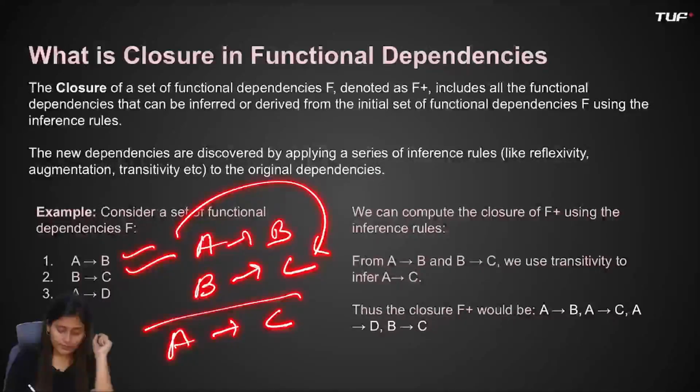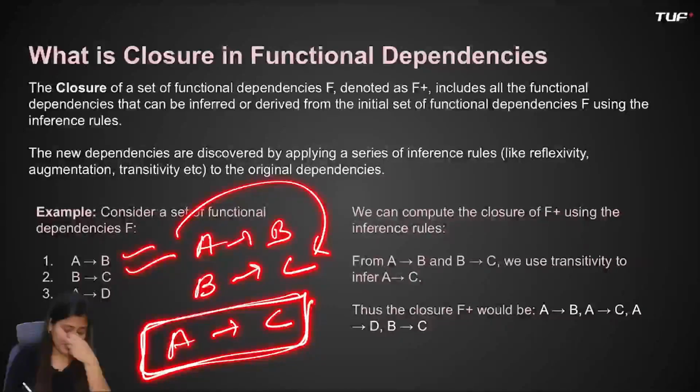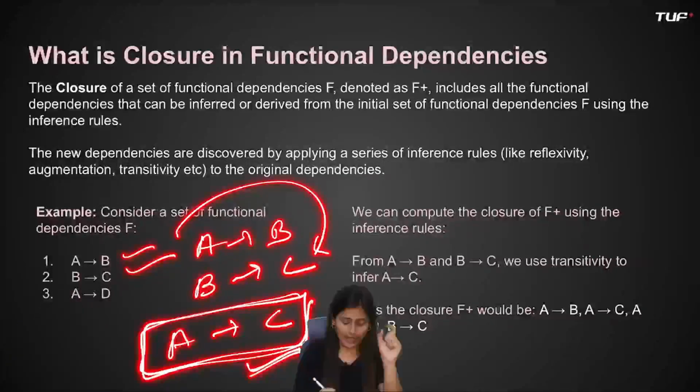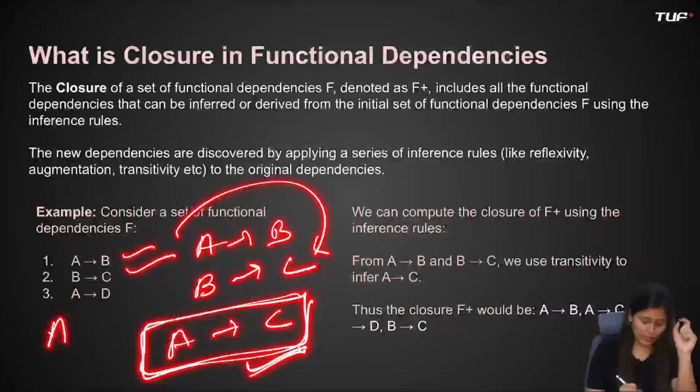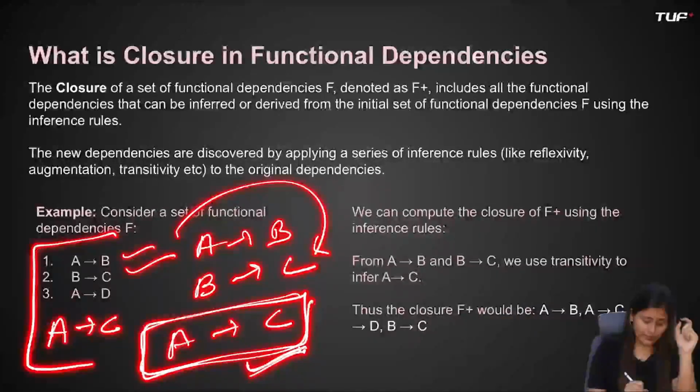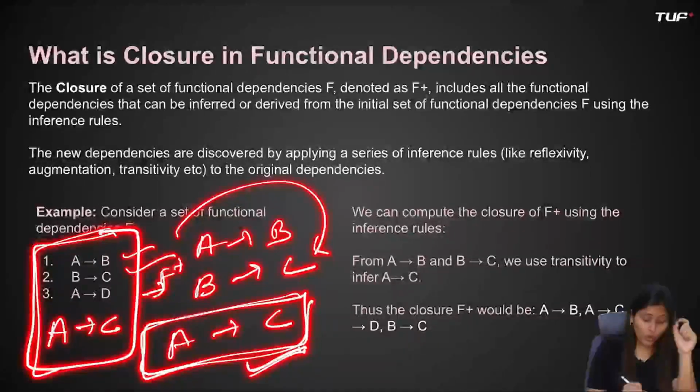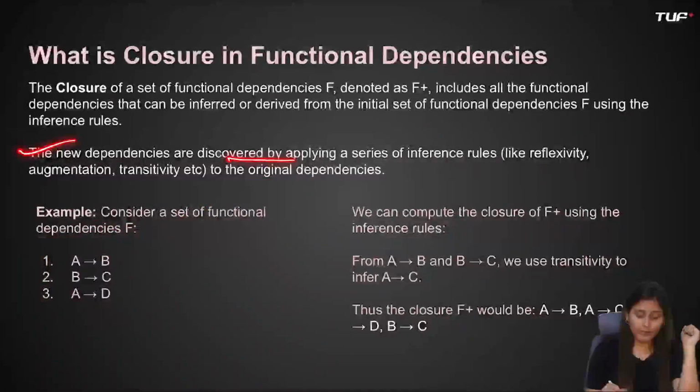With the transitive rule we have found this. Now if we add this also in the same set of functional dependencies, we will denote it by F plus, and this will be called the closure of that set, right? So the new dependencies are discovered by applying a series of inference rules like reflexivity, augmentation, transitivity, etc.